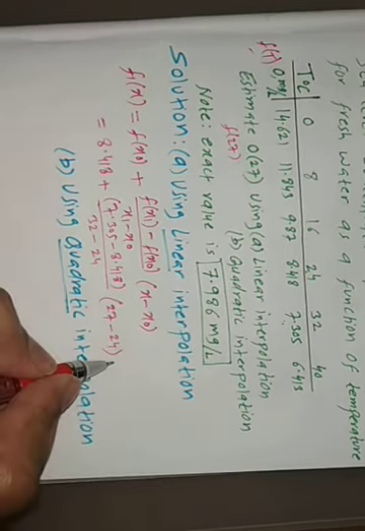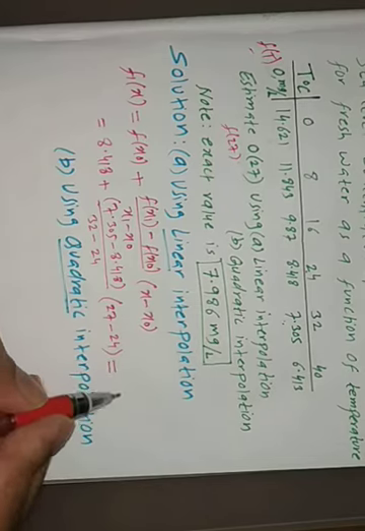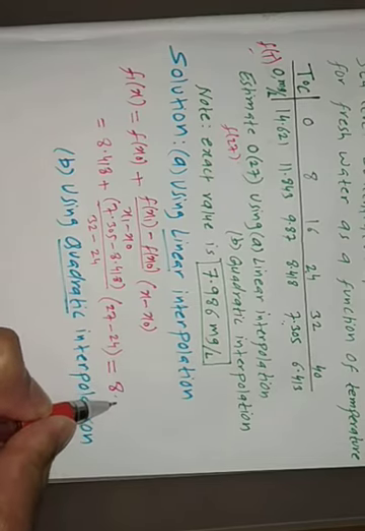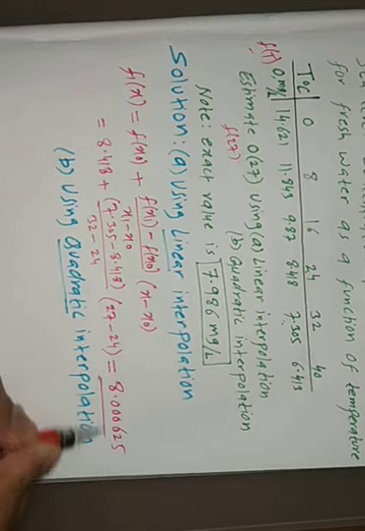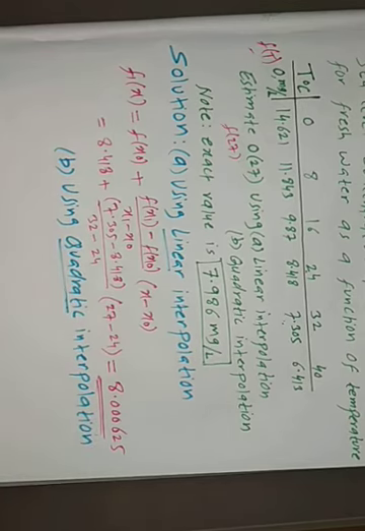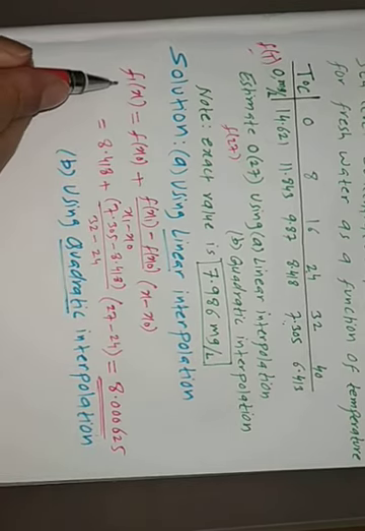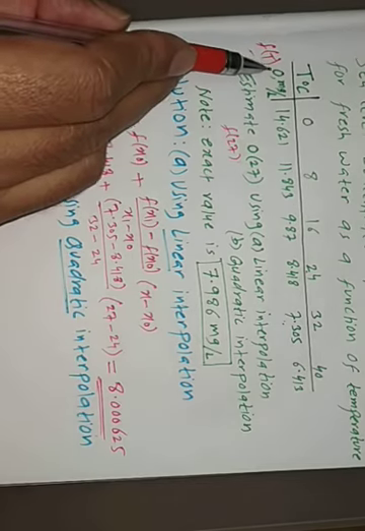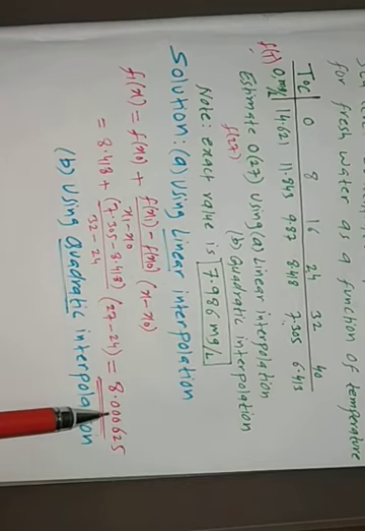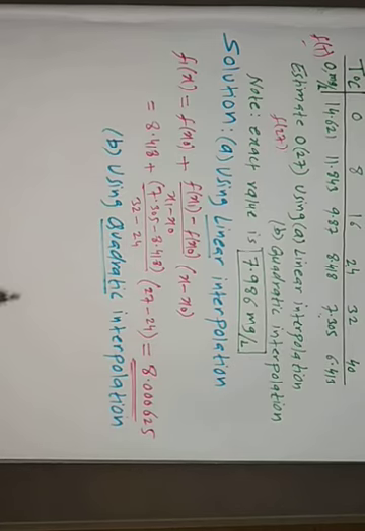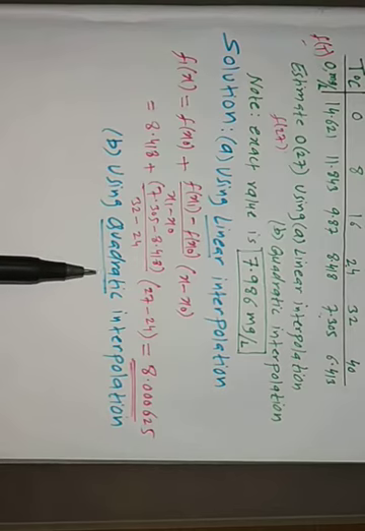So here we will get the answer as 8.000625. So this is the concentration of oxygen we got at temperature 27 degrees centigrade, 8.000625 using linear interpolation.